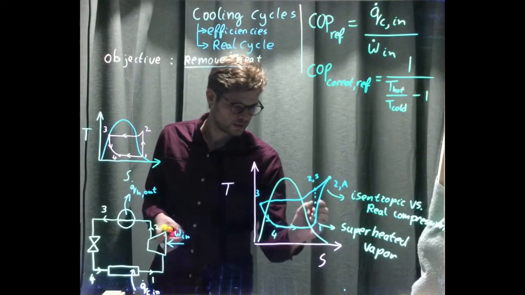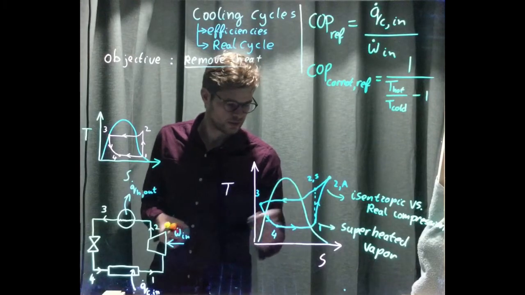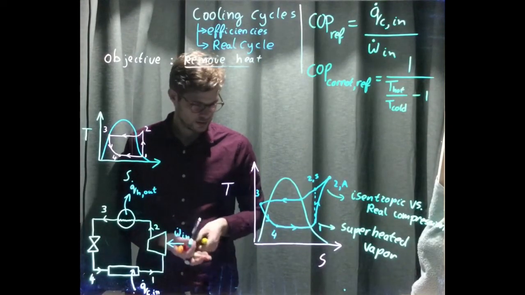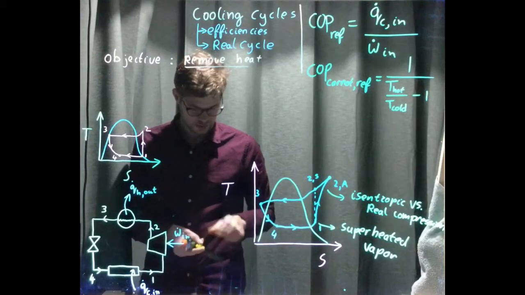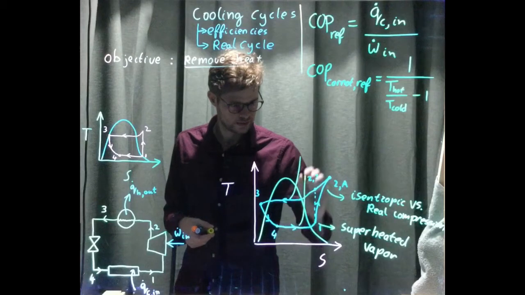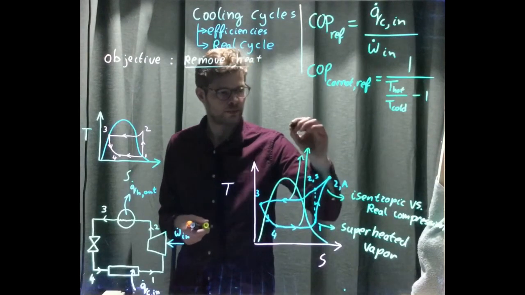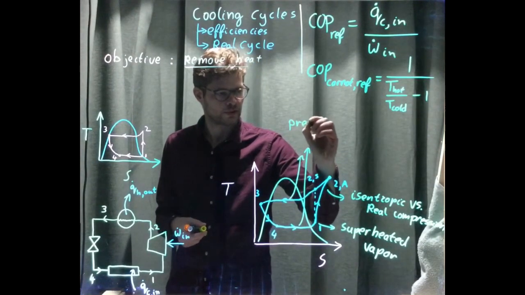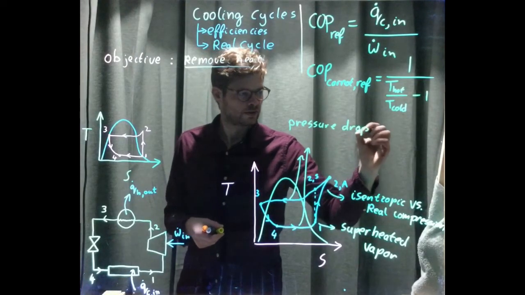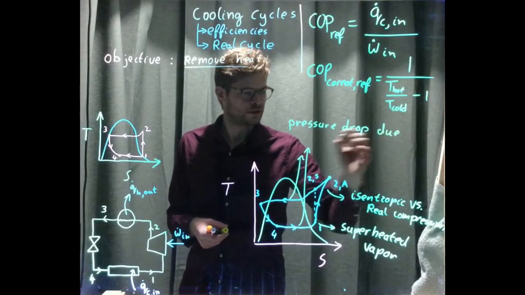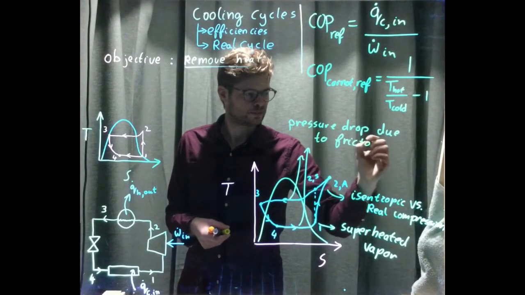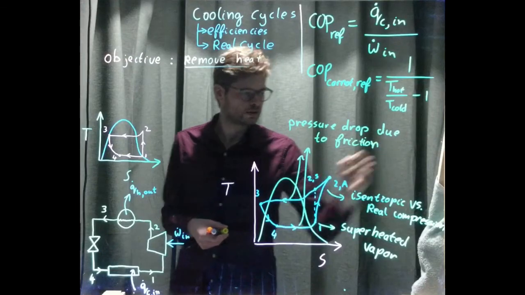So we have the flow going this direction. Over here again, and over there as well, I'm going to indicate pressure drop due to friction in the pipes. Friction.